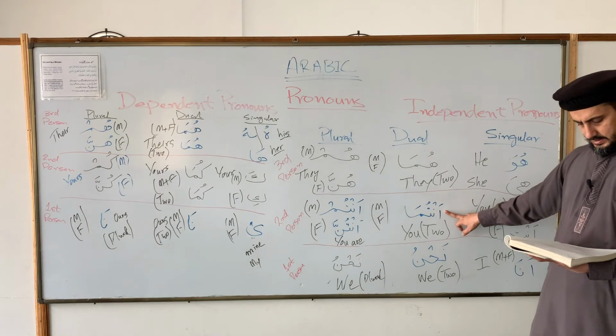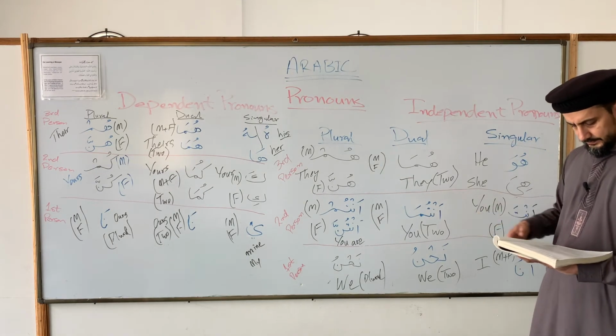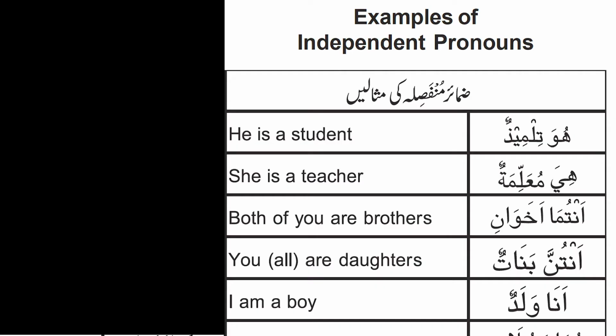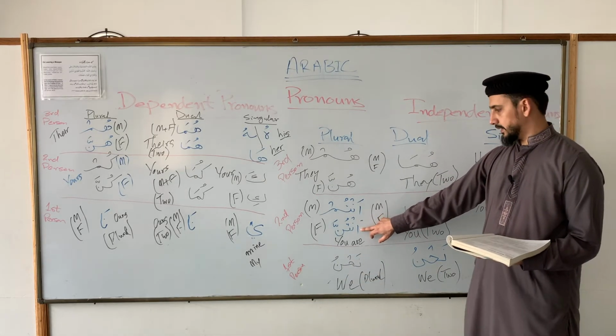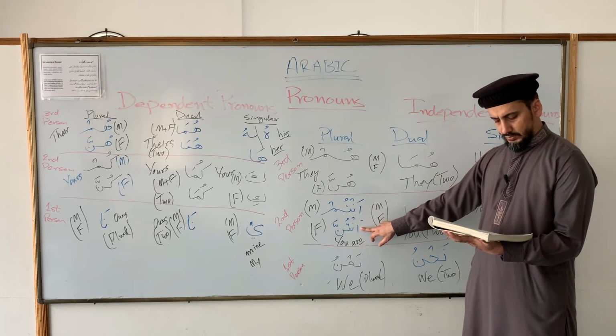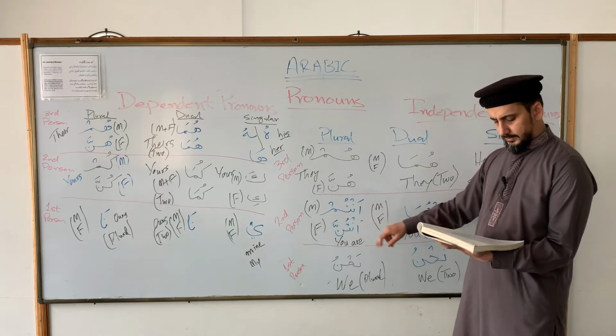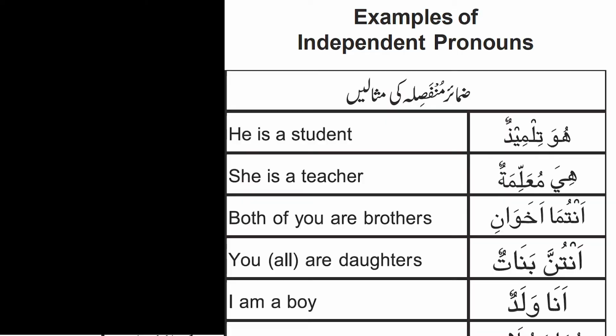Next, "antunna banatun", you all are daughters. "Antunna" is from here, from this group. You are all daughters.